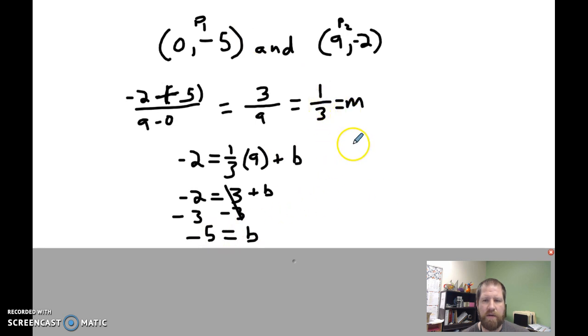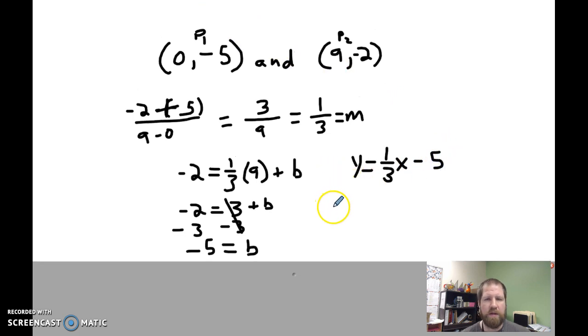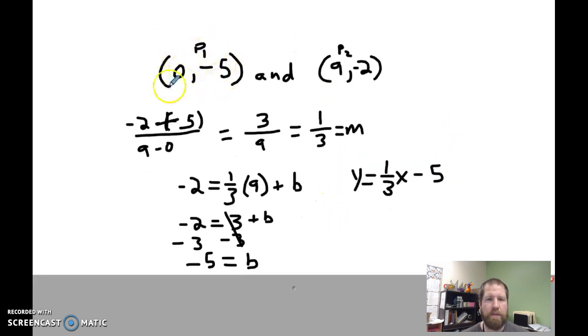So now I can write out the whole thing. y equals m, which is 1/3, x plus b, which is a negative 5, so it won't be a plus, it'll be a negative 5. One thing to notice is here I have a point that is 0, negative 5.